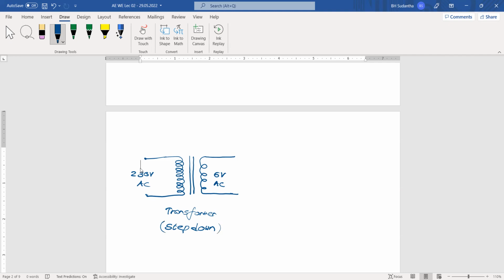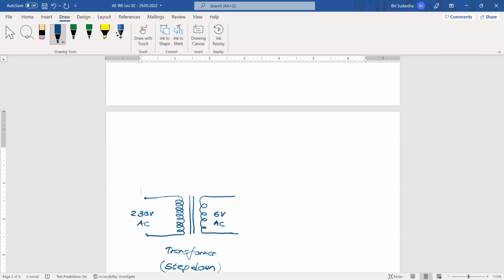And from this side, we can apply a higher voltage like this. And from this side, we'll receive a small AC voltage.